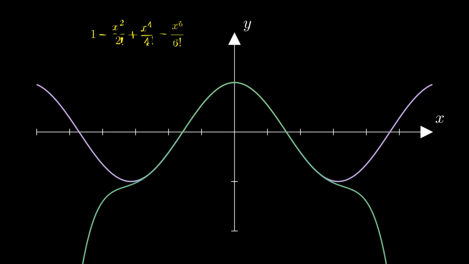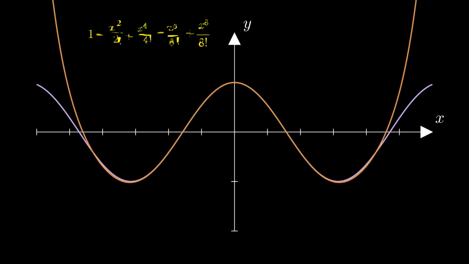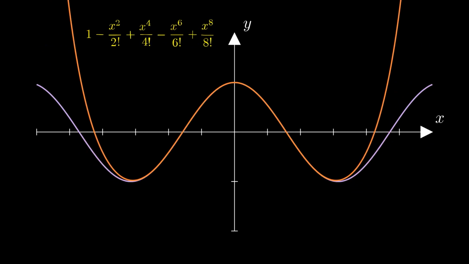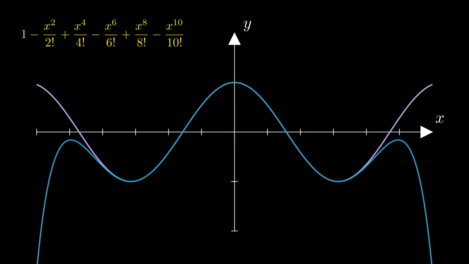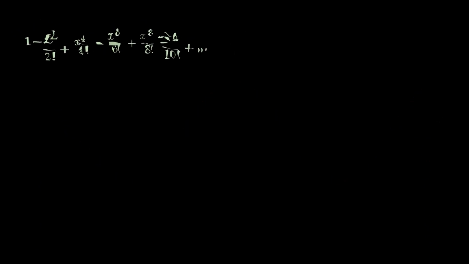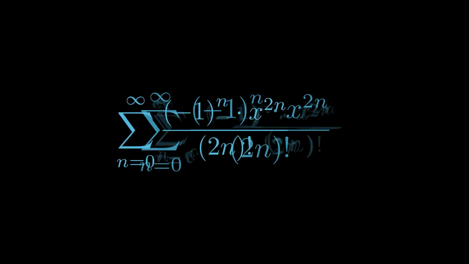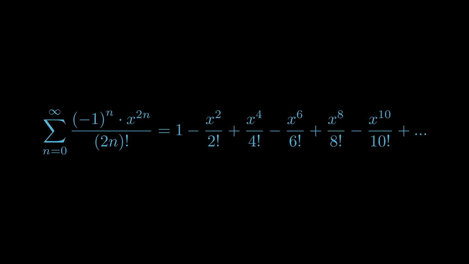And as you can see, this is actually pretty close to the cosine function. It is minusculely far, and at infinity the whole graph actually coincides. This is how you would write the Maclaurin series, and it expands to 1 minus x squared over 2 factorial plus x to the 4th over 4 factorial and so on.